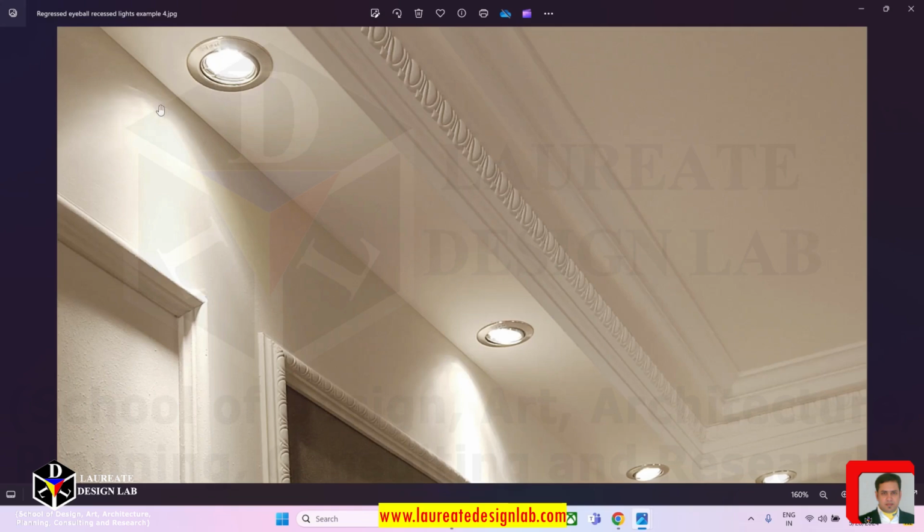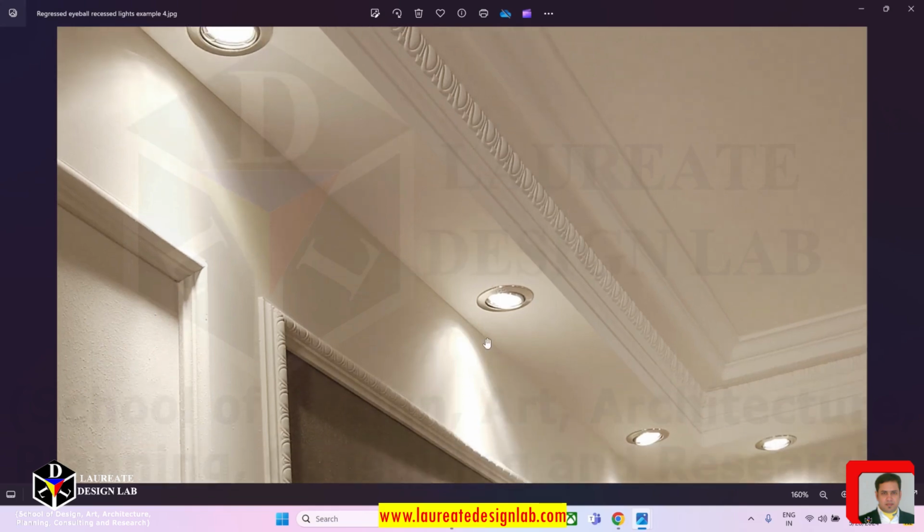Because you can control this spread. If you move to this side, this angle will reduce. But if it is fixed type, where the light source cannot be rotated, in that case the spread remains fixed. The behavior of the light rays will remain fixed, but in this case you can still manage.